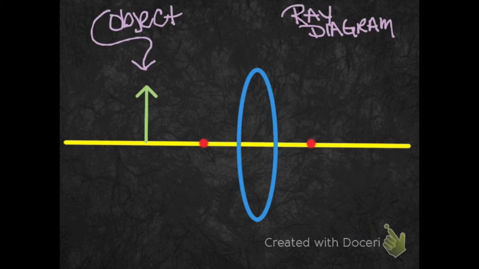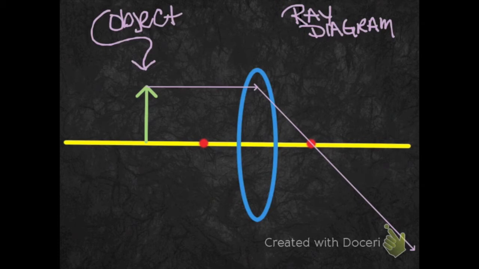You take the top of your object and you draw a straight line to your lens. Then I'm going to take that line from the center of the lens and run it through the focal point. See how it's going through the middle of that focal point? So there's our first line.